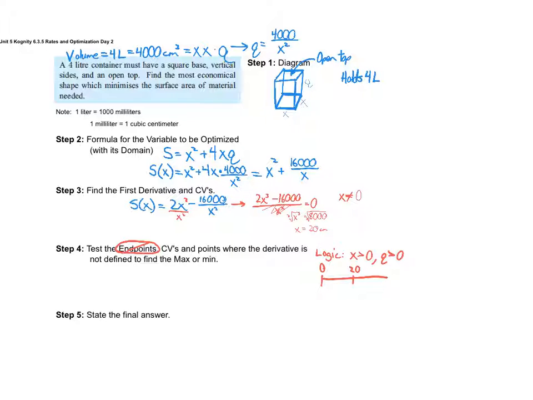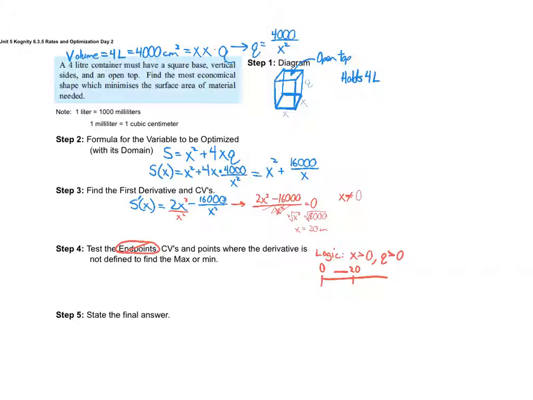If I plug, say, a 10 into my derivative, oops, I missed my prime there, that was s prime. If I plug a 10 into my derivative, I'd get 20 minus 16,000 over 100, so that would be 160. So I'd have 20 minus 160, which is negative.